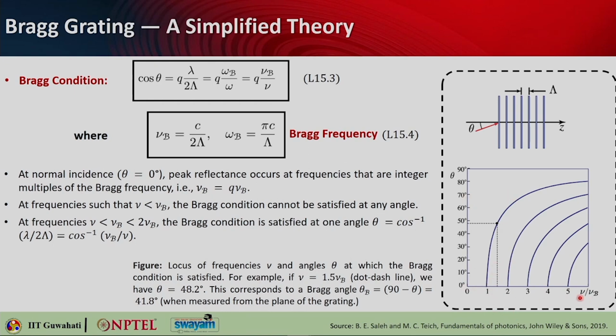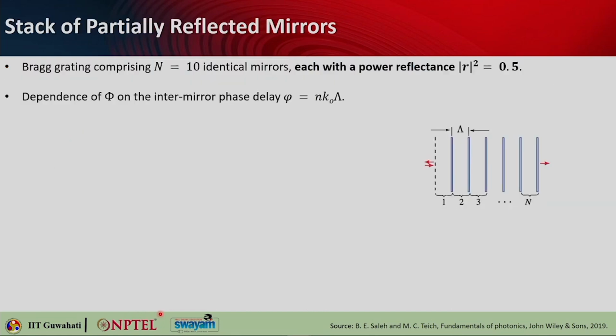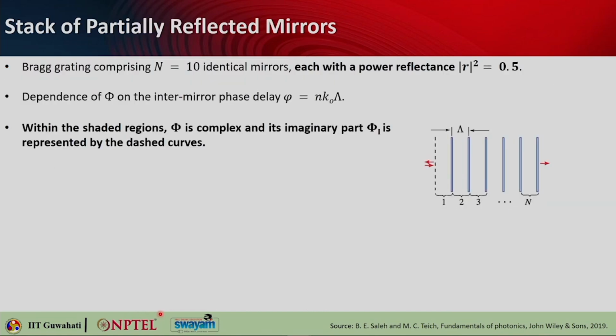Now if you take the ratio of nu to nu b to be 1.5, and draw this dotted line, you will see that you are getting theta equals 48.2 degrees. So how do you get the Bragg angle? The Bragg angle is basically this angle, that will be 90 minus this, which is 41.8 degrees. So with that, we understand how the Bragg grating works.